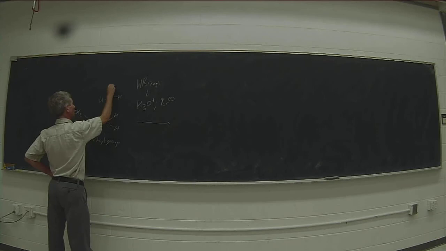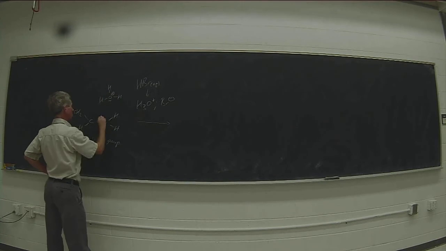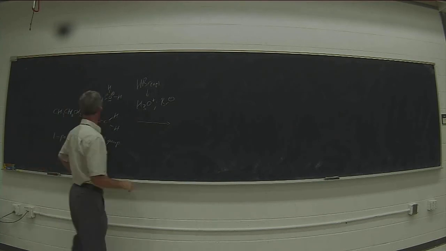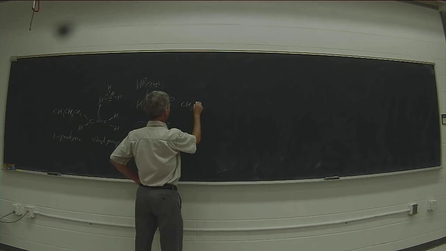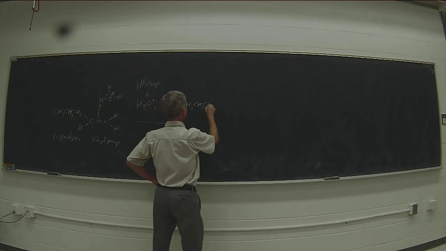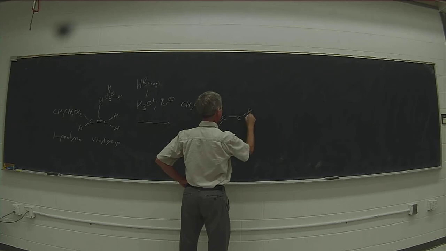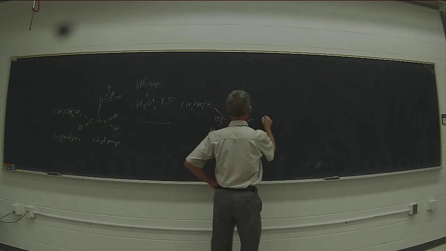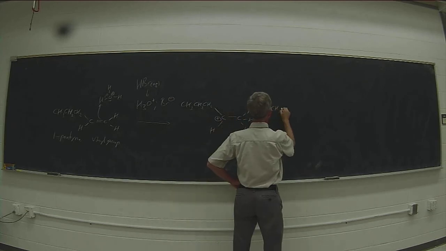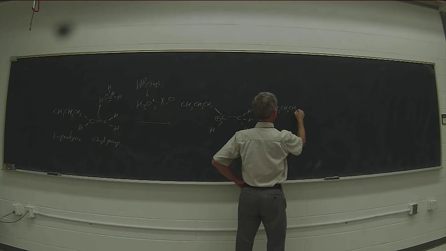We have two possible intermediates, one of which puts the positive charge at the one position.